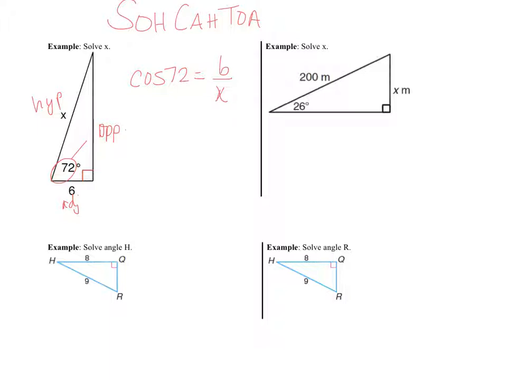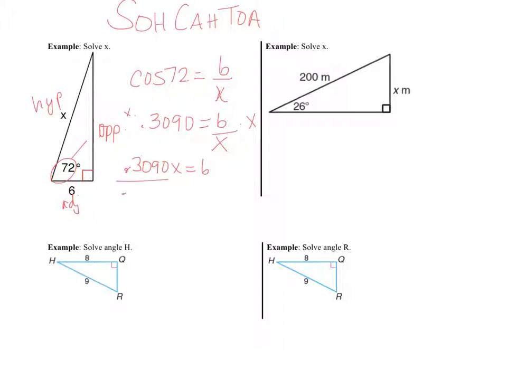Then we're going to work to solve here. So the cosine of 72 on your calculator is 0.3090 equals 6 divided by x. We're going to first get that x out of the denominator, so I'm going to multiply both sides by x. So I've got 0.3090x is equal to 6.